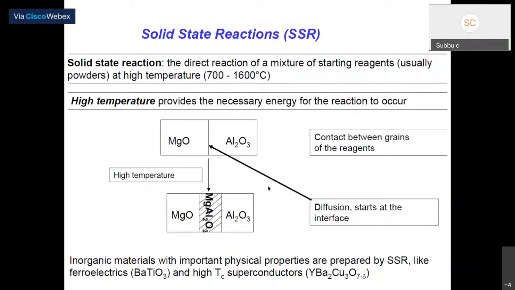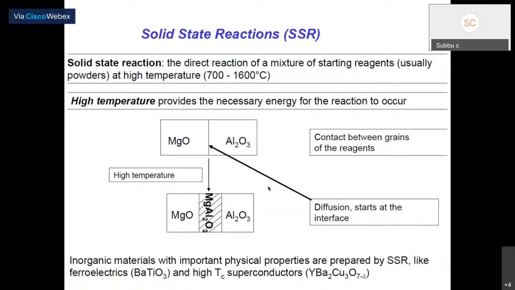Though this technique appears to be very simple, for those who work on structural chemistry aspects, if you want to get a highly crystalline material, this is the only method you have. MgAl2O4 can be prepared by the solid state, and it can be prepared from a sol gel method, a precipitation method, or, for argument's sake, a pyrolysis method.